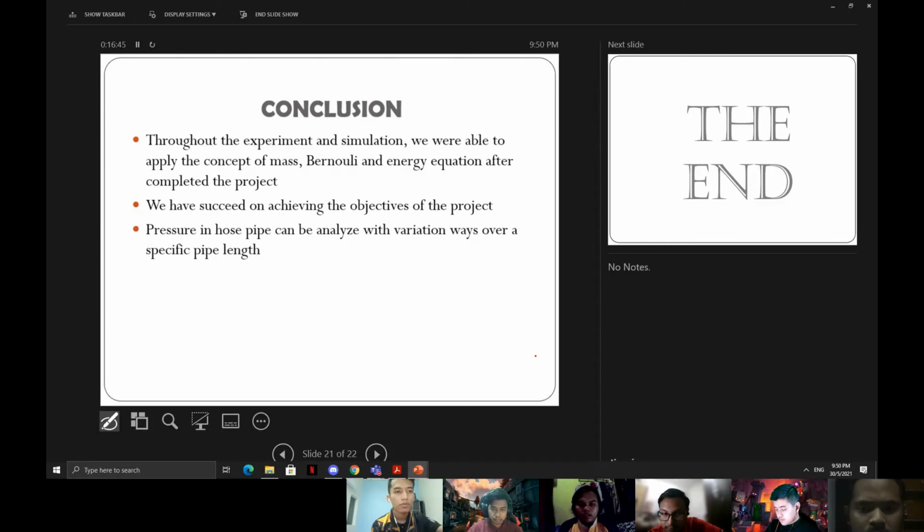Okay, I continue with the conclusion of our project. Throughout the experiment and simulation, we were able to apply the concepts of mass, Bernoulli, and energy equations after we completed the project. Second, we succeeded in achieving the objective of the project, in which we wanted to find the pressure variation with two different ways of watering the plant, which are the straight line and the closed loop.